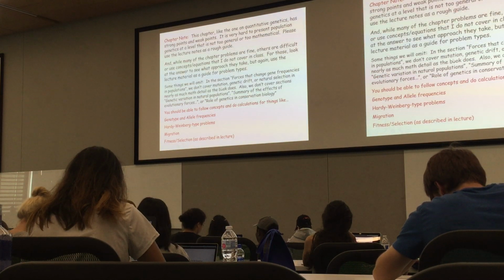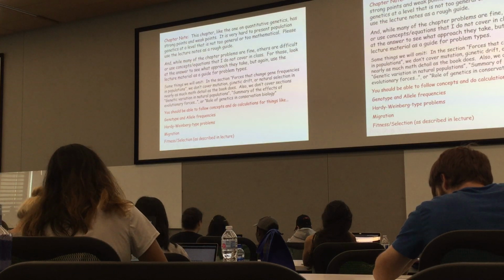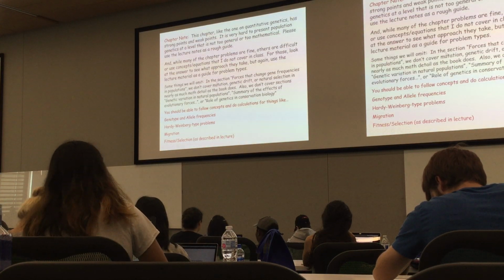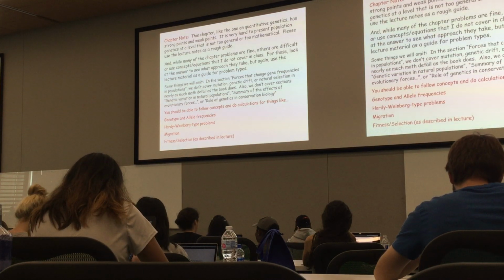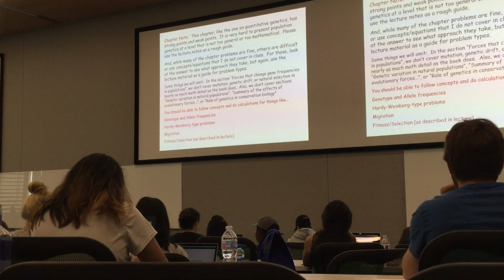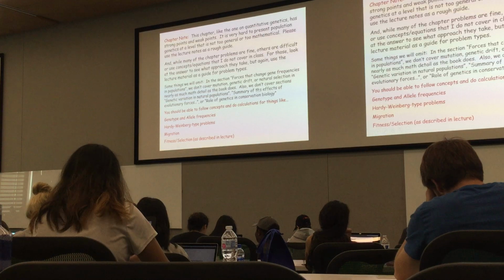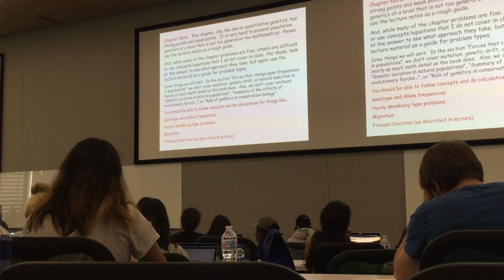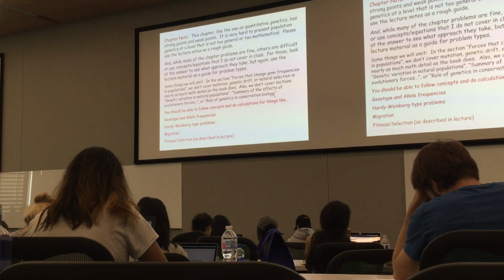And I've got a whole bunch of sections that I didn't go over. You're free to read this, but I didn't cover it. And those include forces that change gene frequencies in population. In that section, we don't cover mutation, drift, or selection in nearly as much math detail as the book does, so be aware of that. We're not covering genetic variation in natural populations, summary of effects of evolutionary forces, role of genetics in conservation biology.